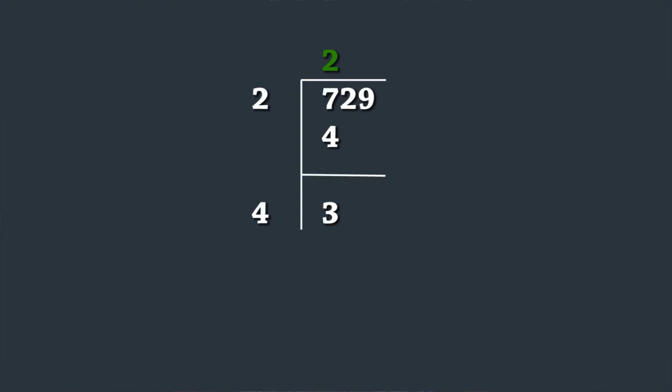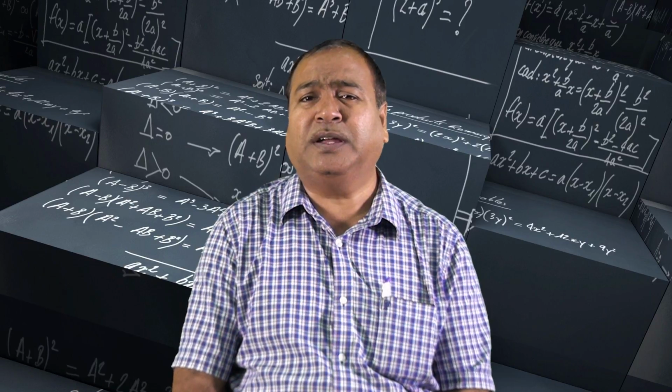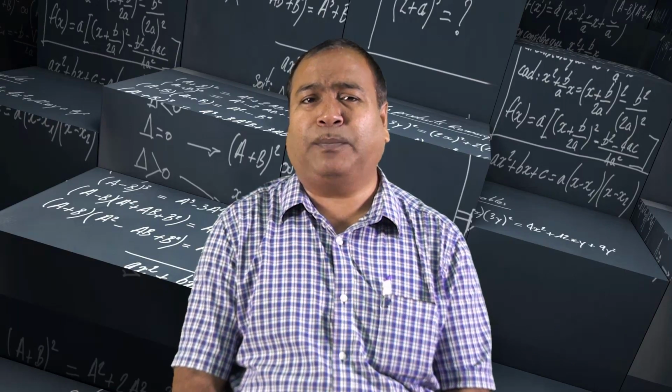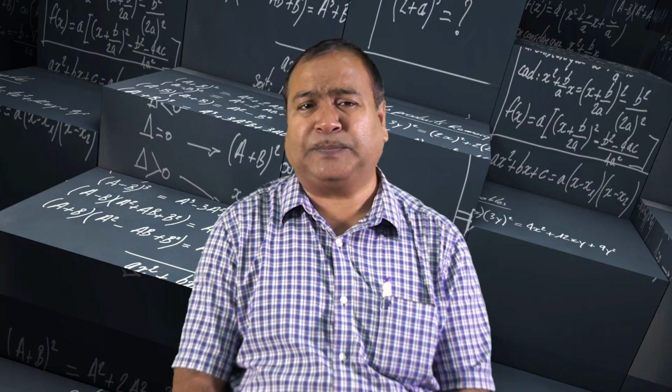Here it is 4. Step 5. Guess the largest possible digit to fill the blank, which will also become the new digit in the quotient, such that when the new divisor is multiplied by the new quotient, the product is less than or equal to the dividend.